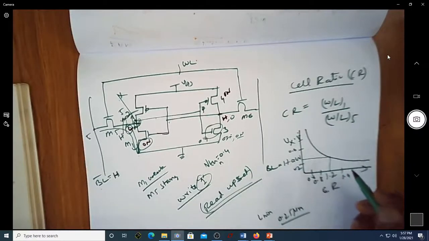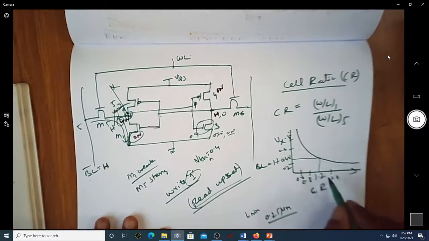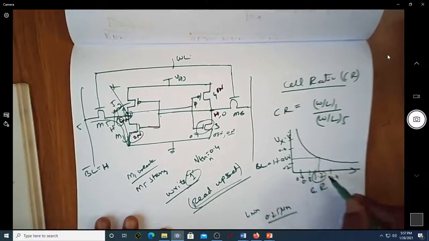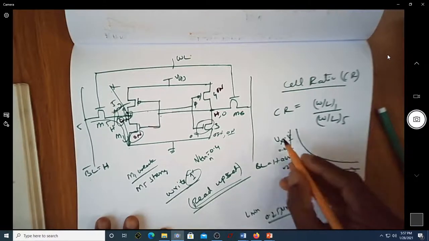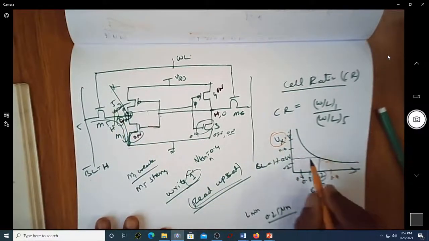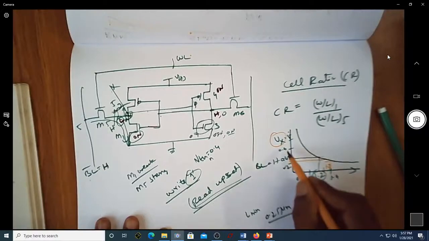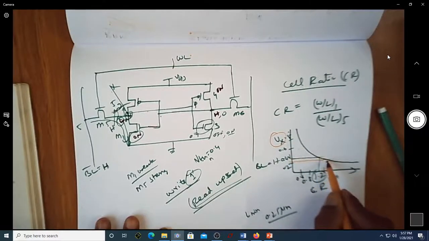What we are trying to understand here is that if the cell ratio is more than 1.2, the voltage at this node is always less than 0.4. If the cell ratio is, say, 1.3, then the voltage at Vx is less than 0.4.